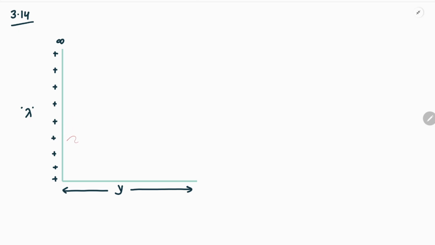In order to start this problem, we consider at a distance x an elemental patch of length dx which has charge dq. Now this patch subtends an angle theta at this point.